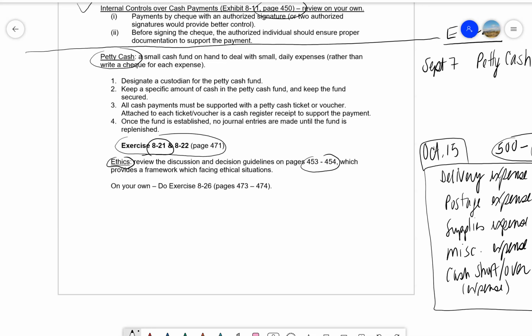Now, there's a really good bank reconciliation in the summary problem, and also exercise 8-26 is good as well. I posted the solution on D2L Brightspace, so go through exercise 8-26 on your own for extra practice on bank reconciliation. And once again, the summary problem in Chapter 8 is also really good for your review as well.